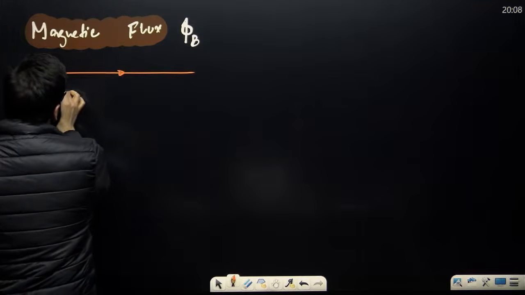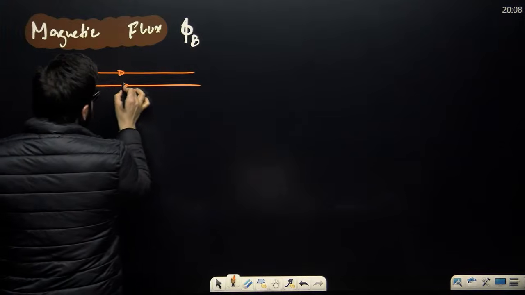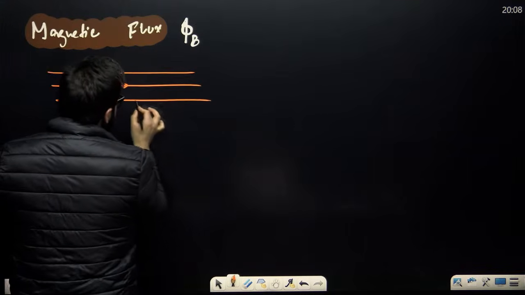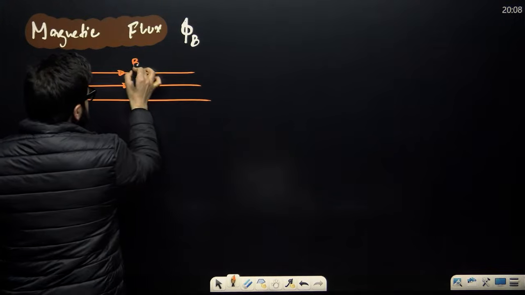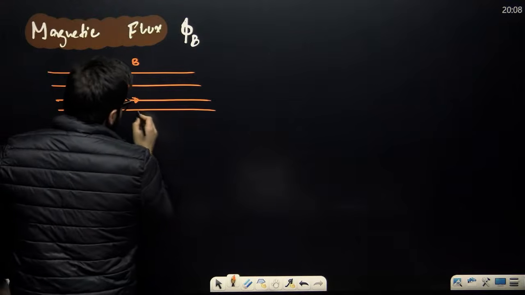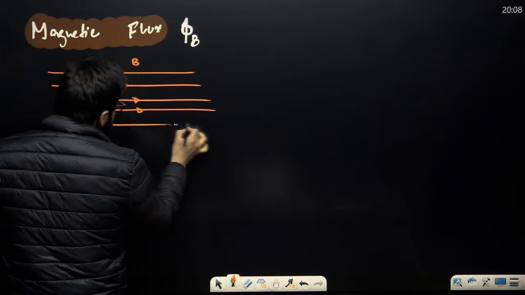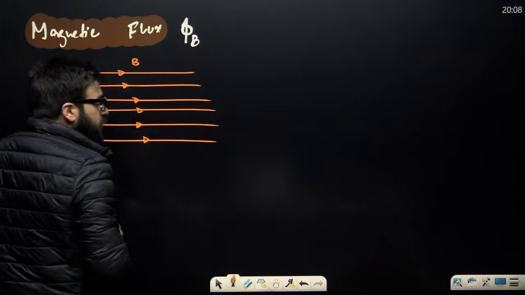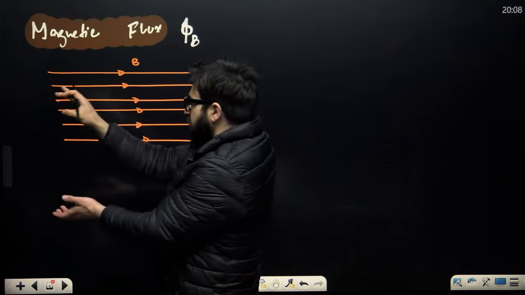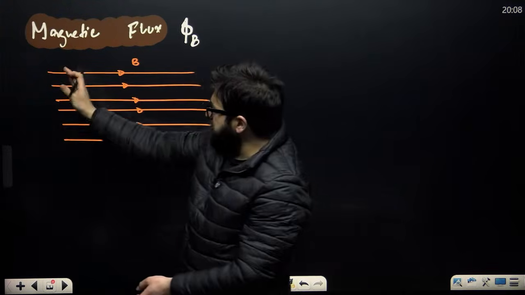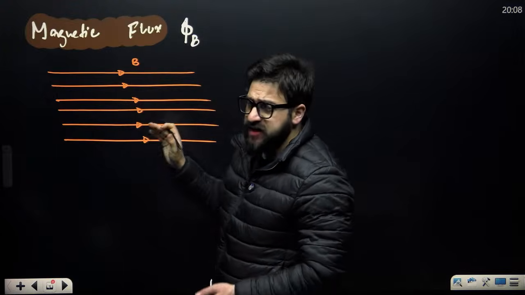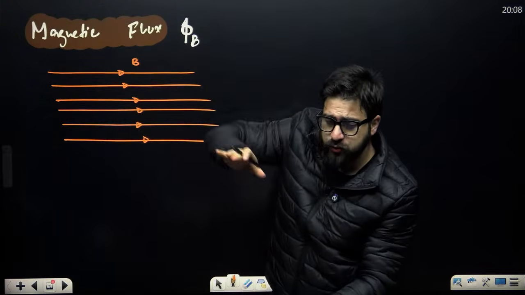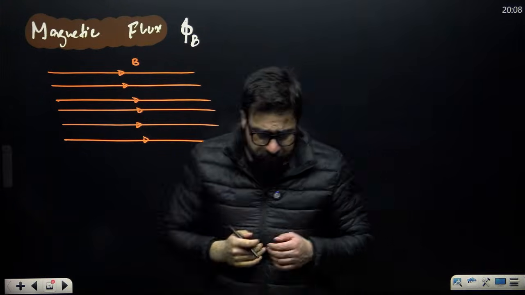We represent that magnetic field with the help of these magnetic field lines, and we represent magnetic field with B. This is the region in which the magnetic field is present. Because of that bar magnet, these field lines are coming out.